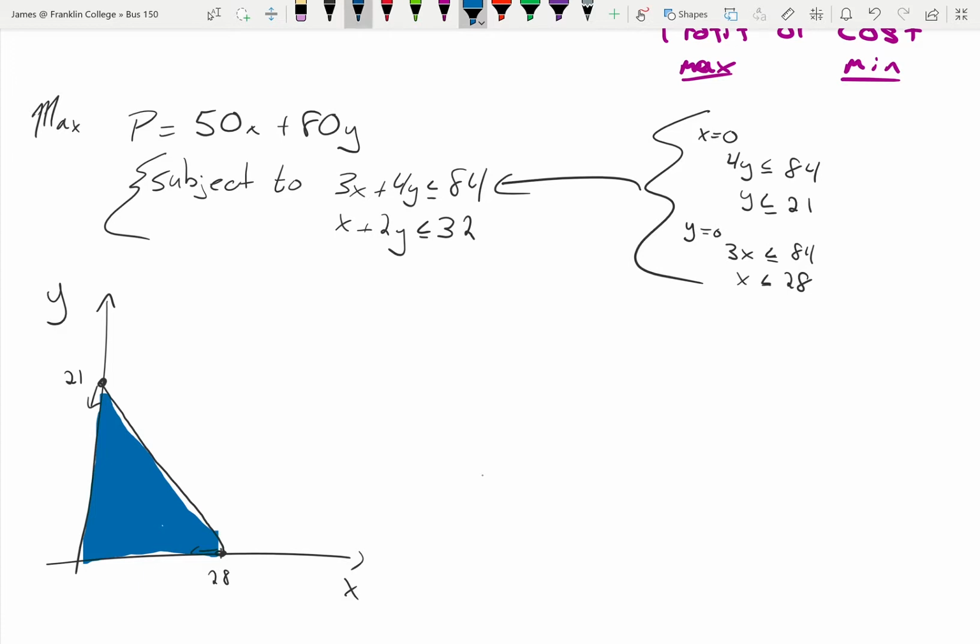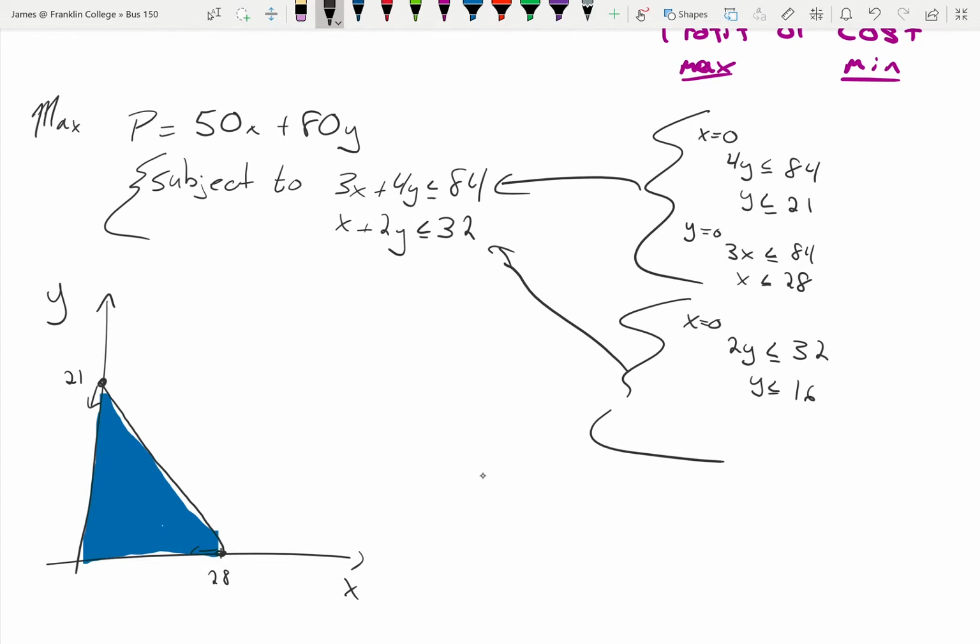Okay, now let's deal with this second inequality, where we have x plus 2y has to be less than or equal to 32. So when x equals 0, we know that 2y has to be less than or equal to 32, or y has to be less than or equal to 16. So we got the point 0, 16, and we know y has to be less than or equal to 16. When y equals 0, we'll have the equation x has to be less than or equal to 32.